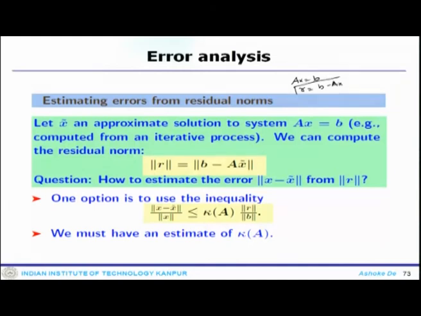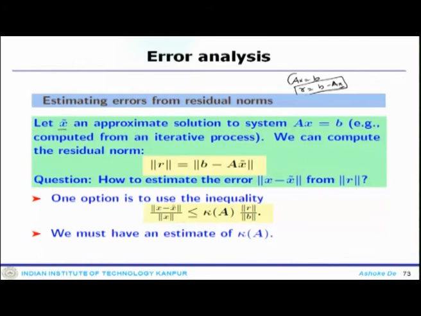This information is quite handy when you are dealing with different kinds of iterative solvers, where you need to check the convergence level and see the error slowly reducing, so that you get close to the exact solution. And how do you estimate that error from the residual norm? Let us say x prime is an approximate solution.